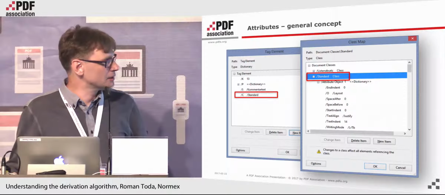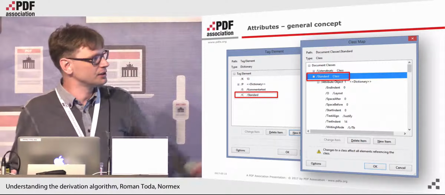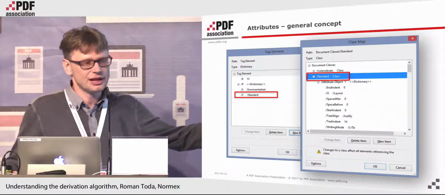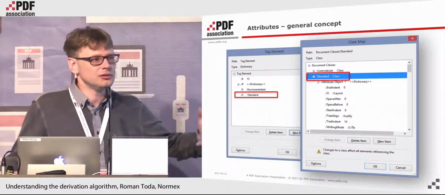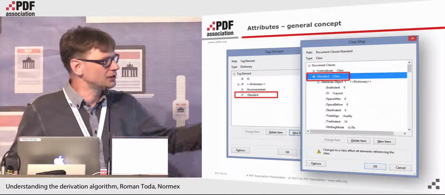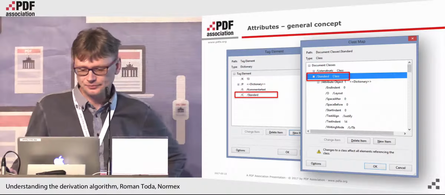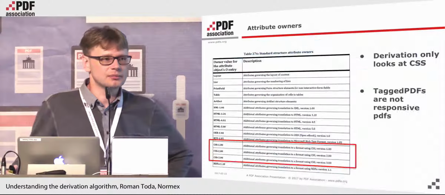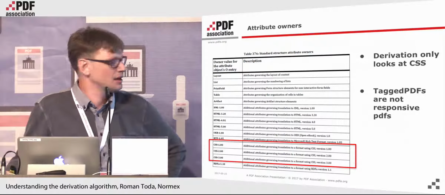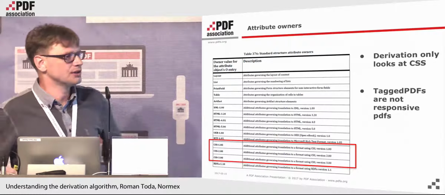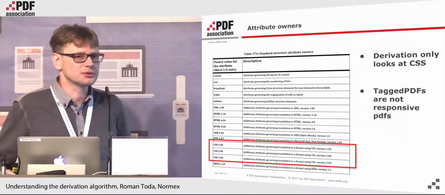Okay, the similar goes with the class map. I can use my class map, and you see every tag that would use this standard class would then be obviously tied with this set of attributes. Okay, let's have a look at a table of attributes, again, attribute owners. And we see that with ISO 32000-2, we have a little more options there.